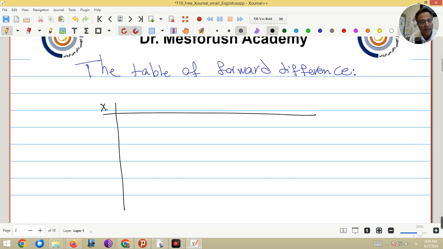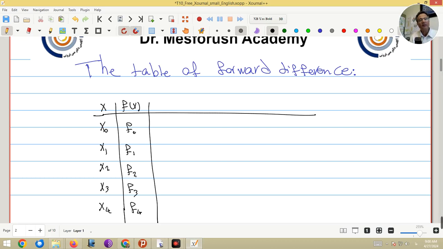Let me write the first column as x, and here let me have x0, x1, x2, x3, x4, and so on. And also let me have f of x here: f0, f1, f2, f3, f4. These are 5 nodal points.